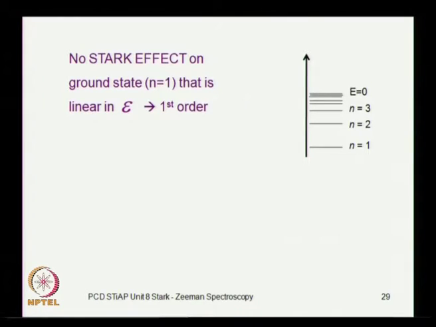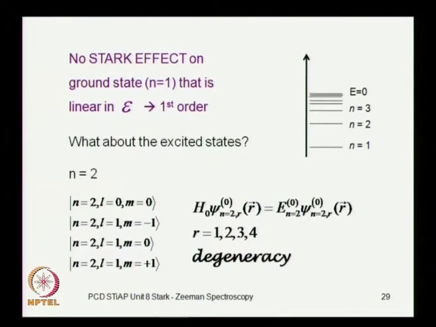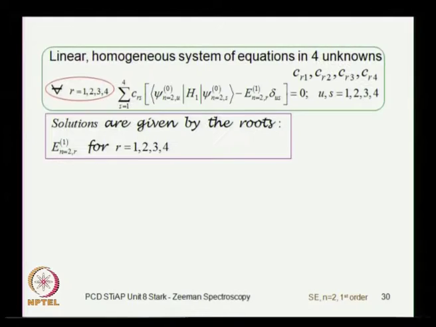So, we already found that for the hydrogen atom in the ground state there is no Stark effect in the first order. For the excited state n equal to 2, we know that there is a degeneracy which is n squared, and the consideration of this degeneracy led us to the use of degenerate perturbation theory, and that took us to the family of these linear homogeneous equations which have to be solved.